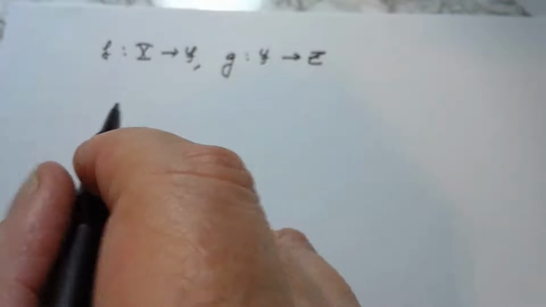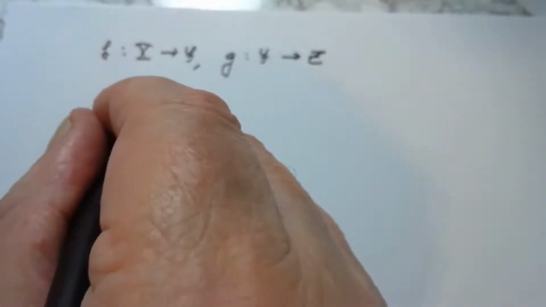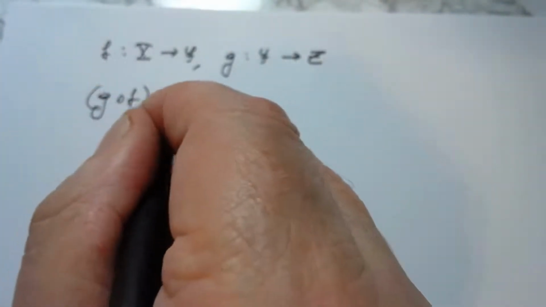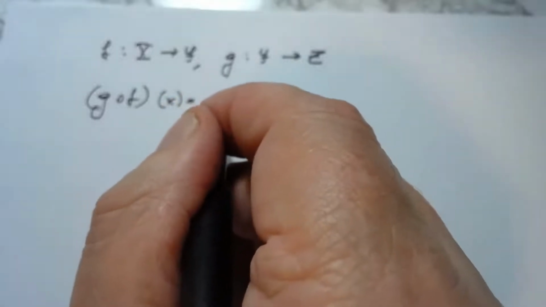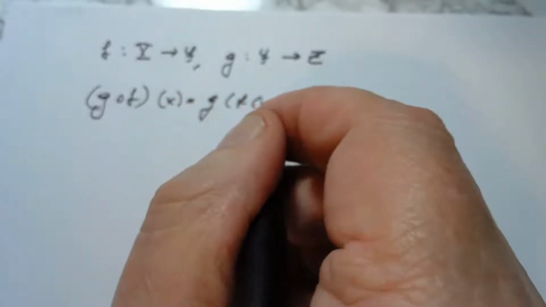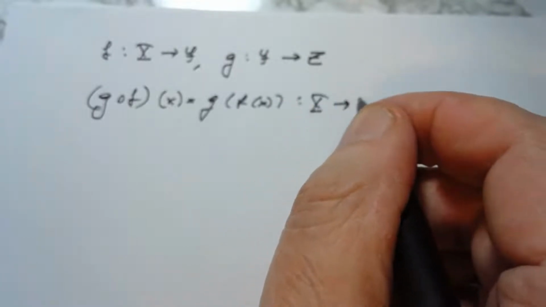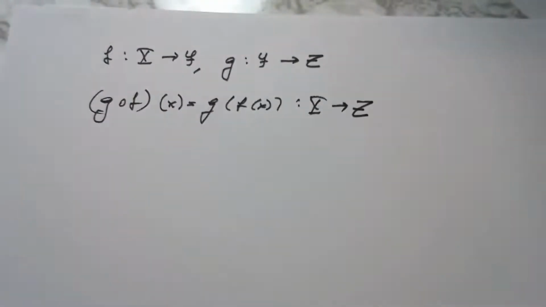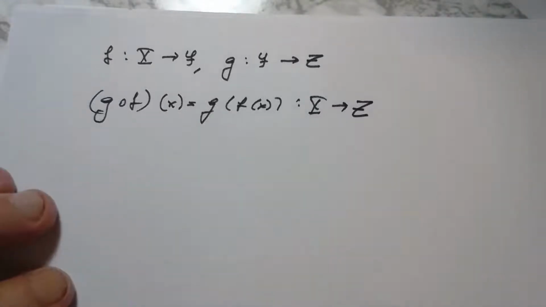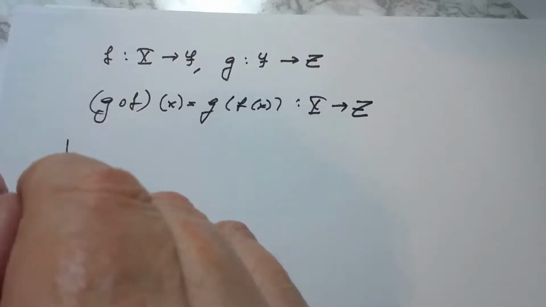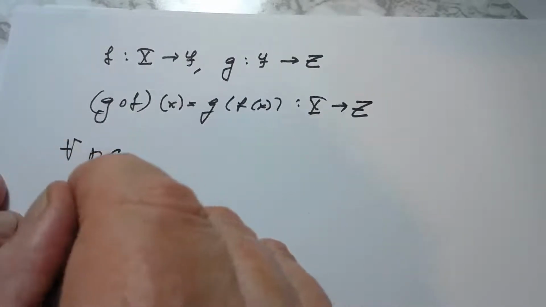And then I have a composition of this function, g composed with f, which on x is defined as g of f of x. And this is a function from x to z. And I have to prove that this function is a continuous function. Okay, so what do I have to prove?